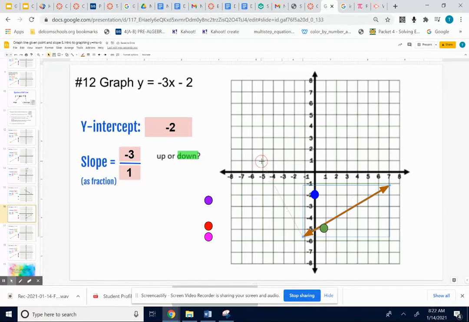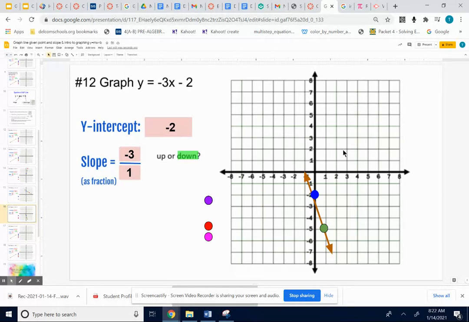Try to get a line through the points as best you can. Close enough. It starts at negative 2, and then from negative 2 on the y-axis, you go down 3 over 1.